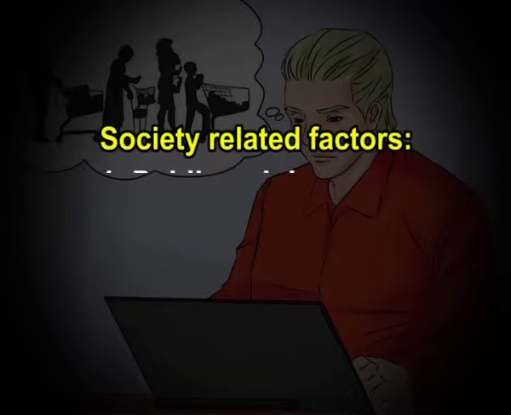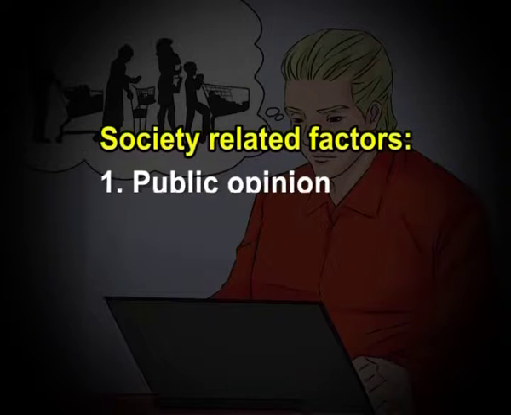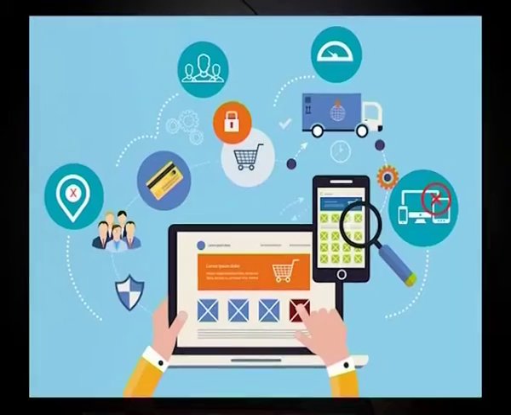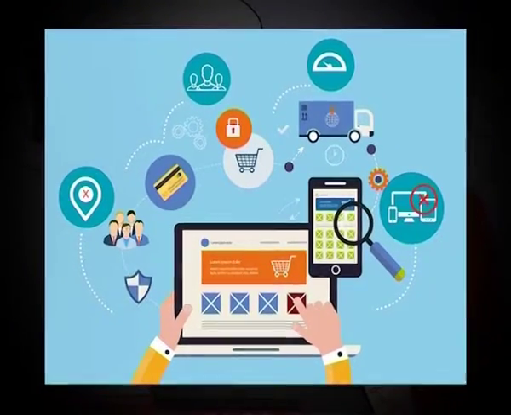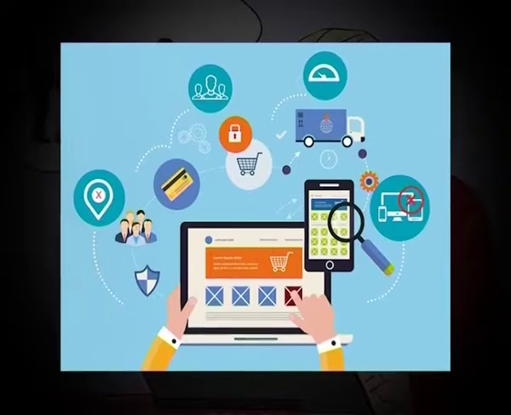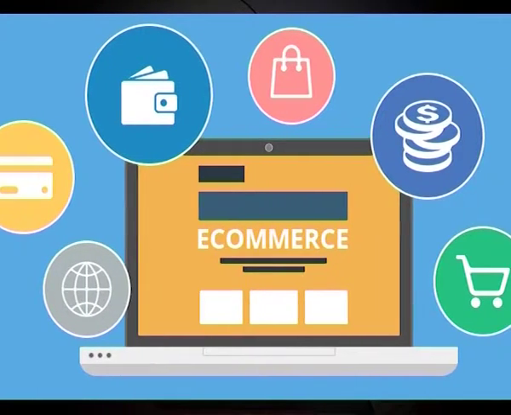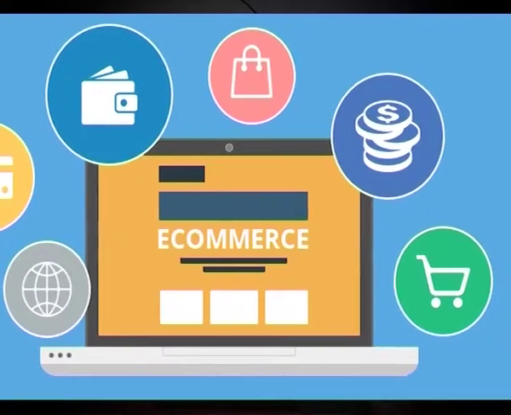Then we move on to the society related factors. Society related factors again consist of 3 aspects: public opinion, moral and ethnic constraints. Now, all these factors assume a lot of significance as they have a lot of implications in the operation of e-businesses or e-commerce, which has gained significance.